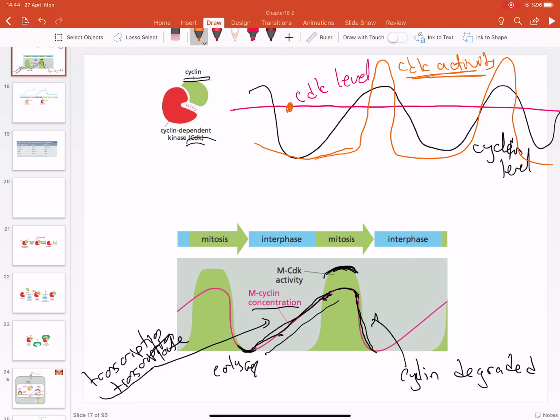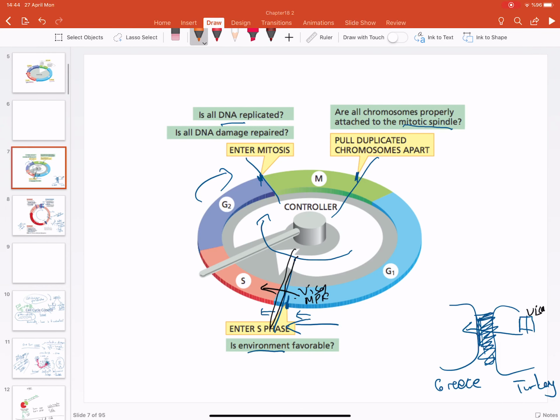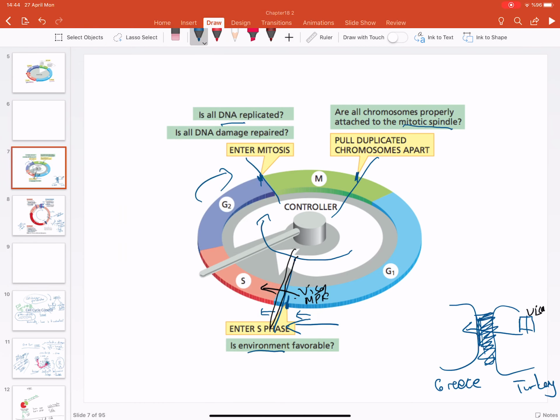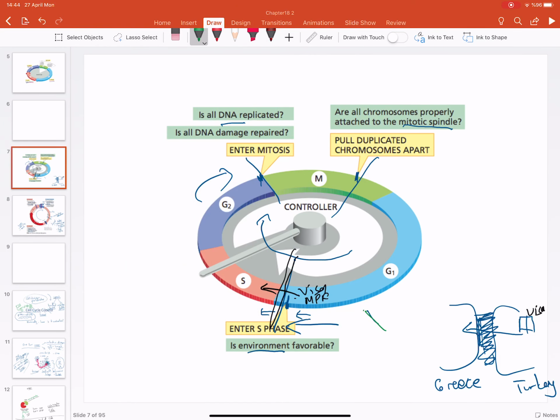For activity, you need several other things. And another thing is that we have several kinds of cyclin-CDKs for different phases of the cell cycle. Here we have G1 cyclin, and when G1 cyclin is combined with CDK, we call it G1 CDK.